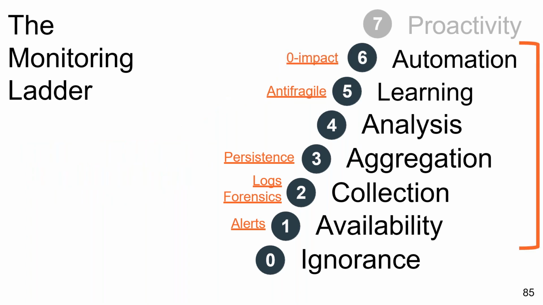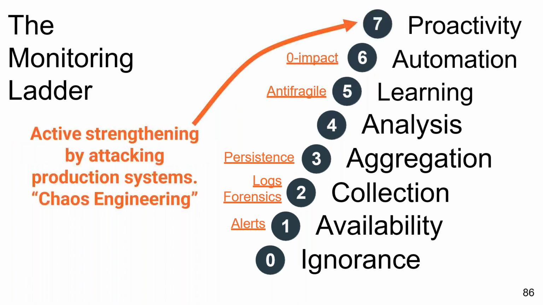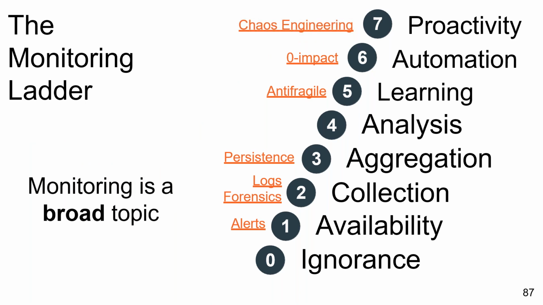Proactivity means, based on steps 0 to 6, you can forecast things. Then active strengthening by attacking the production system is called chaos engineering. So this is the monitoring ladder which we have.